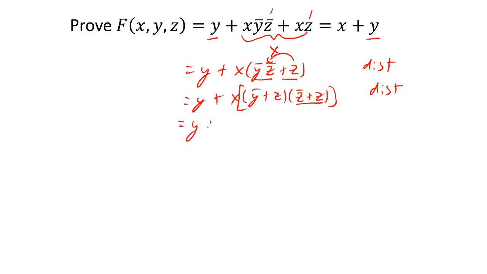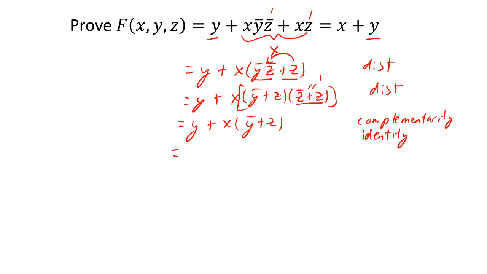So this is going to be y or x, and so what we're going to get is y bar or z. This is going to be equal to 1 with the complementarity property and then the identity property done in parallel in 2 steps. So there was an and 1, and then the identity gets rid of that.